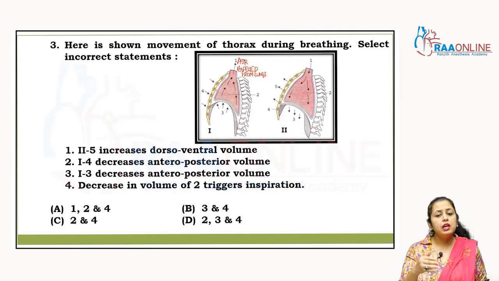That means we already studied that in the summary. In inspiration, the diaphragm contracts, right? So when the diaphragm contracts, what will happen? The shape of the diaphragm changes like that. This diagram shows the inspiration, and this one shows the expiration, right?